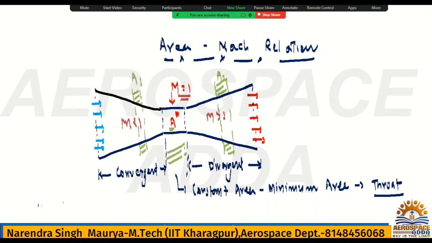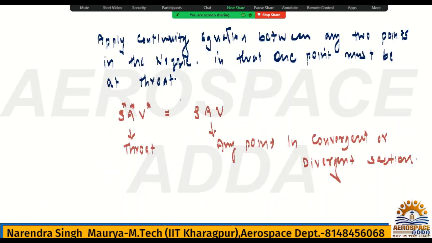All right, now see here. Now we need to segregate this formulation. We are interested in writing the relation between areas, so I can write A by A star. Check what A by A star is.